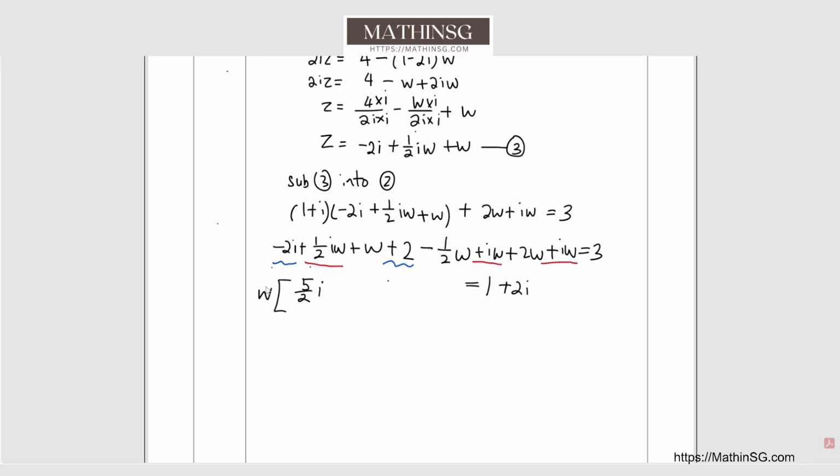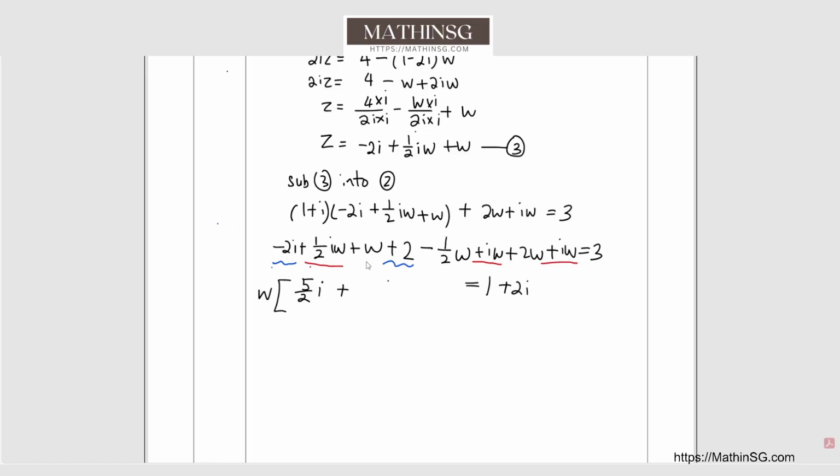Okay, and then here there's a w already. Next, I have the rest of these terms here: w minus half w plus 2w. So it is equal to 2.5 w, right? Let me check.